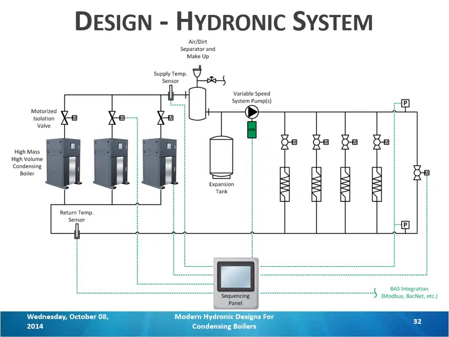That's a very, very good point. So when should you kick on the second boiler, at what firing rate? Well, that will depend on the minimum firing rate of that boiler.